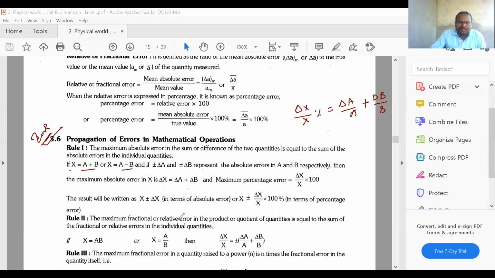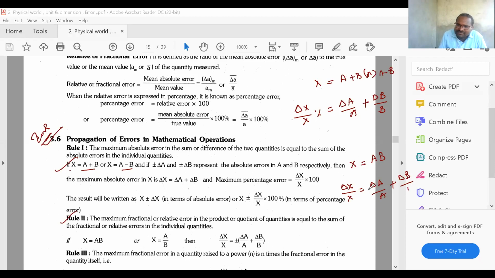Next, this is rule number 1, you need to remember this rule. Rule number 2: when x is equal to ab, then percentage error delta x by x is nothing but delta a by a plus delta b by b.